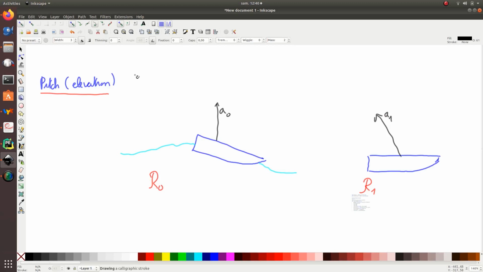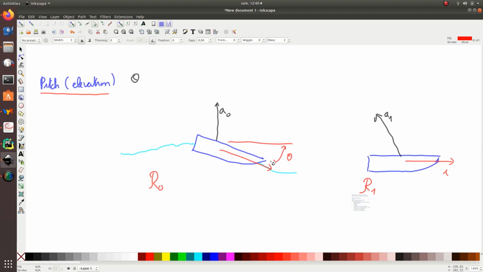What we want to find is theta. So I will do the same. So it will be like this, or like this. And what I want is this angle, which corresponds to theta.